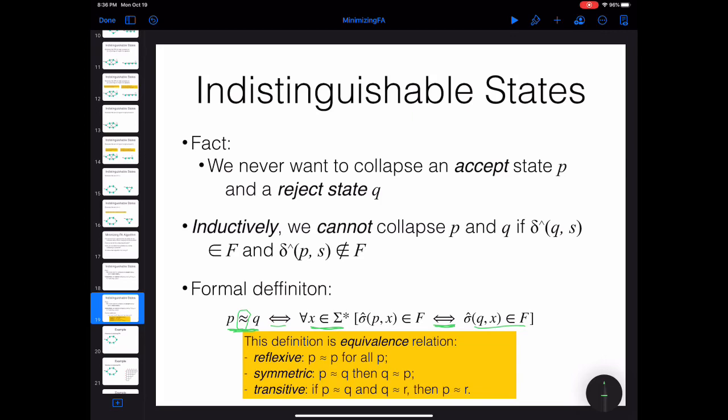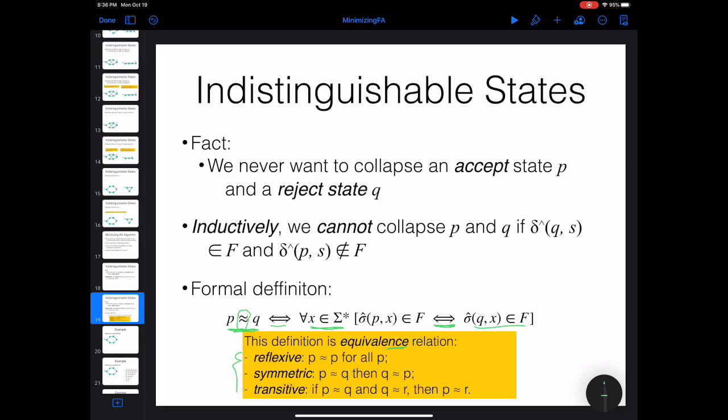So if you find two states which are equivalent, for example P and Q, and you also find out that Q is equivalent to another state like R, then P and R are also equivalent. So all of them are going to be equivalent to each other. This relationship has all three properties of equivalence relationships: reflexive, symmetric, and transitive.